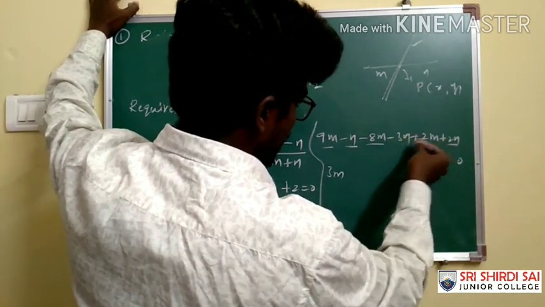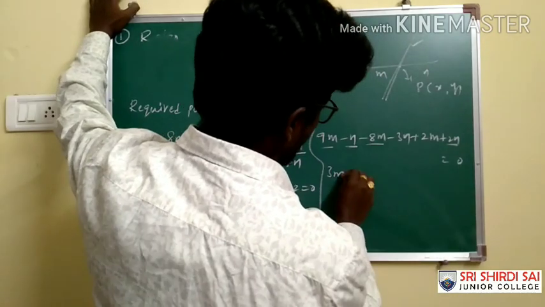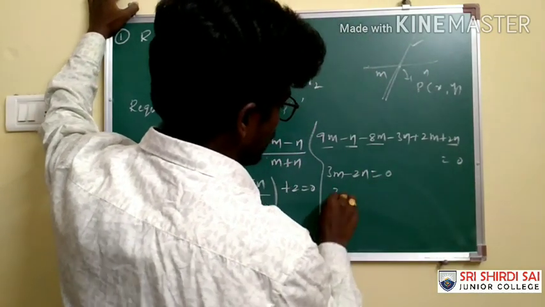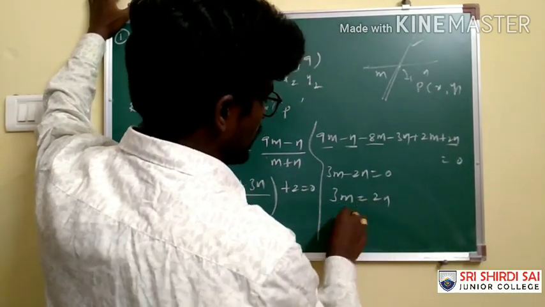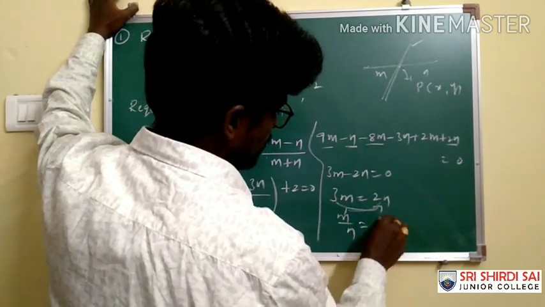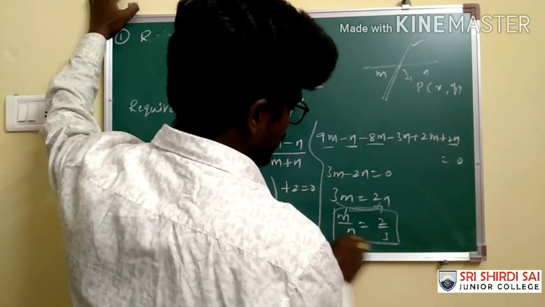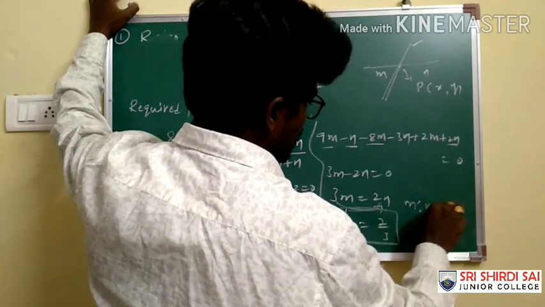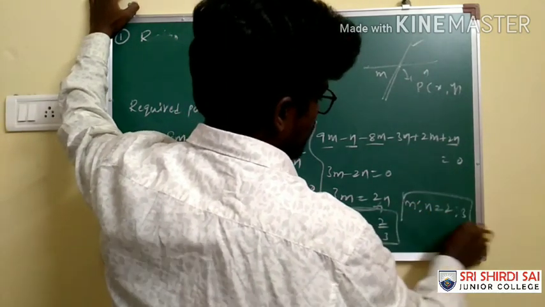Minus n minus 3n is minus 4n, plus 2n, gives minus 2n, equal to 0. So 3m is equal to 2n. Transposing n to one side and 3 to the other, m by n is 2 by 3. Here m is to n is equal to 2 is to 3.